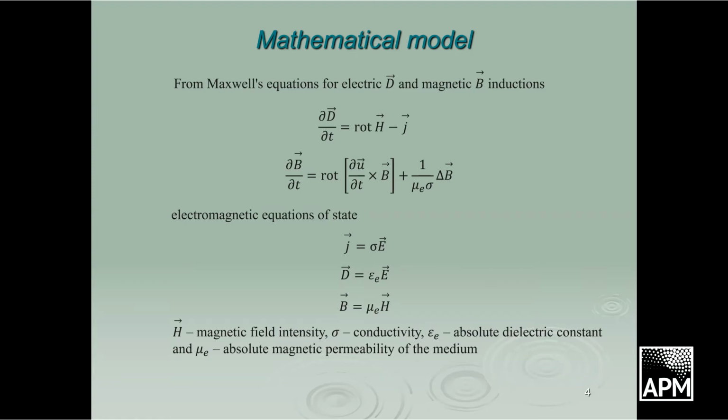So these equations should be accompanied with electromagnetic equations of state. And here H is the magnetic field intensity, sigma is conductivity, epsilon with index E is absolute dielectric constant, and mu with index E is absolute magnetic permeability of the medium.